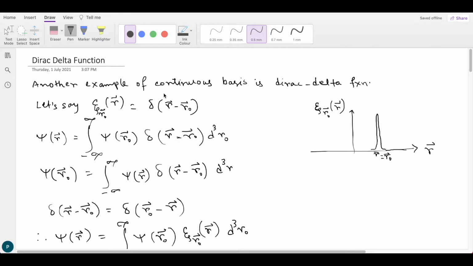So let's say psi r naught of r is a function given by delta of r minus r naught, which is the Dirac delta function, and the function looks like this: a sharp infinite spike at the position r equals r naught and 0 everywhere.